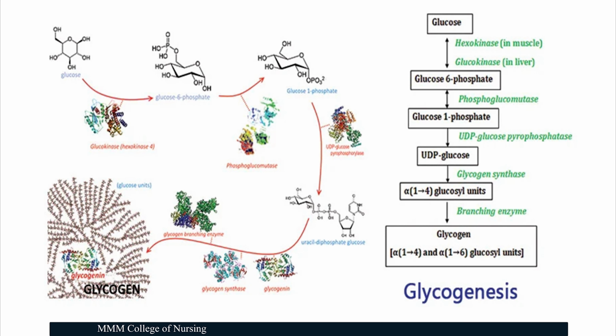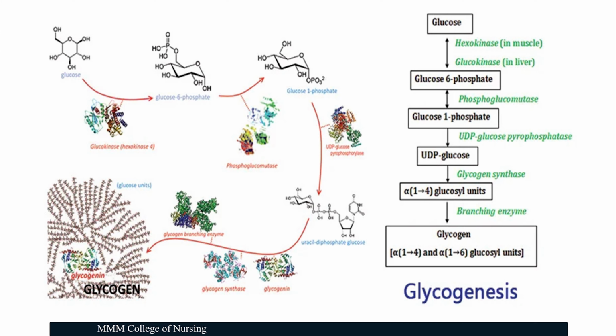Now look at this diagram. It shows the complete pathway of glycogenesis. Starting from glucose at the top, hexokinase or glucokinase in the muscle and liver converts it to glucose 6 phosphate. Then phosphoglucomutase converts it to glucose 1 phosphate. Then UDP glucose pyrophosphorylase converts it to UDP glucose.